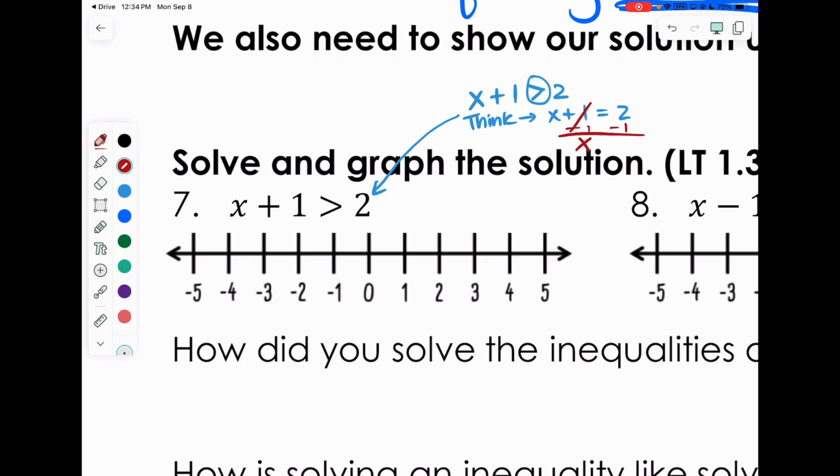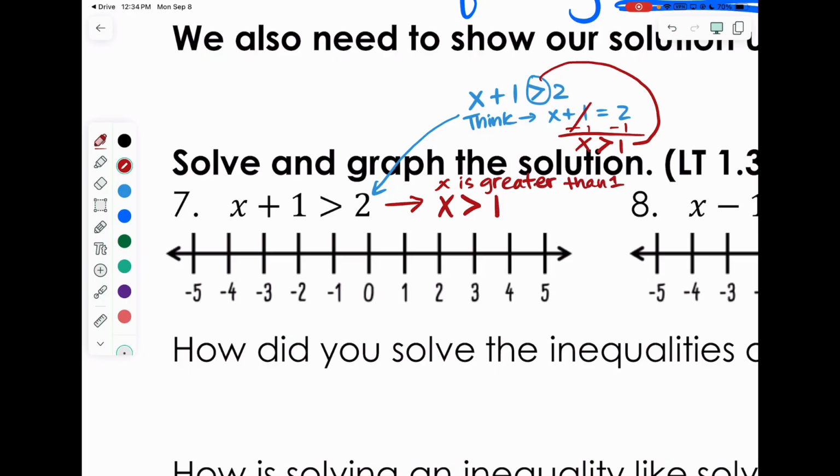You get 1. But we're not going to put an equal sign. We're going to keep the exact same sign right in here. So we're going to do x is greater than 1. X is greater than 1.